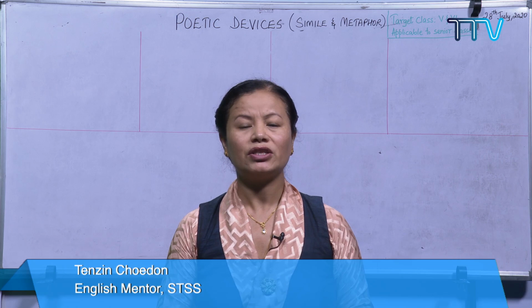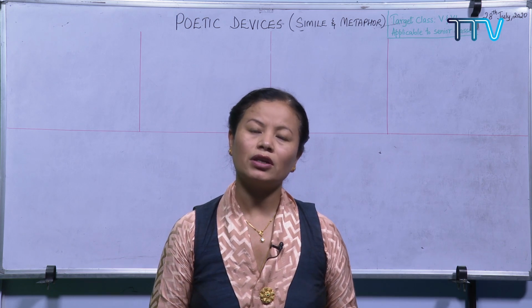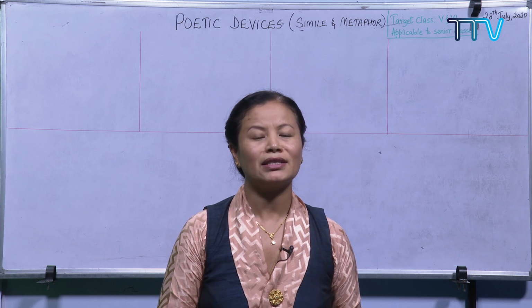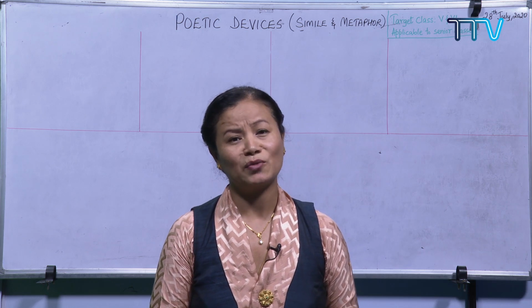The sessions would be for specific classes depending on the kind of examples we have brought. But the session that is specific for grade 5 and 6 does not mean that grade 7 and 8 students cannot watch, because this is applicable for students reading in senior classes as well.